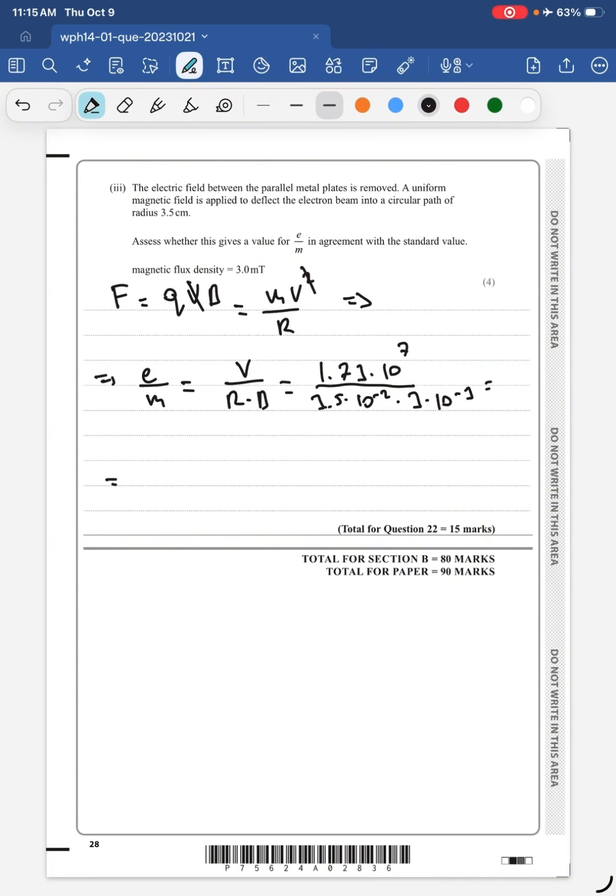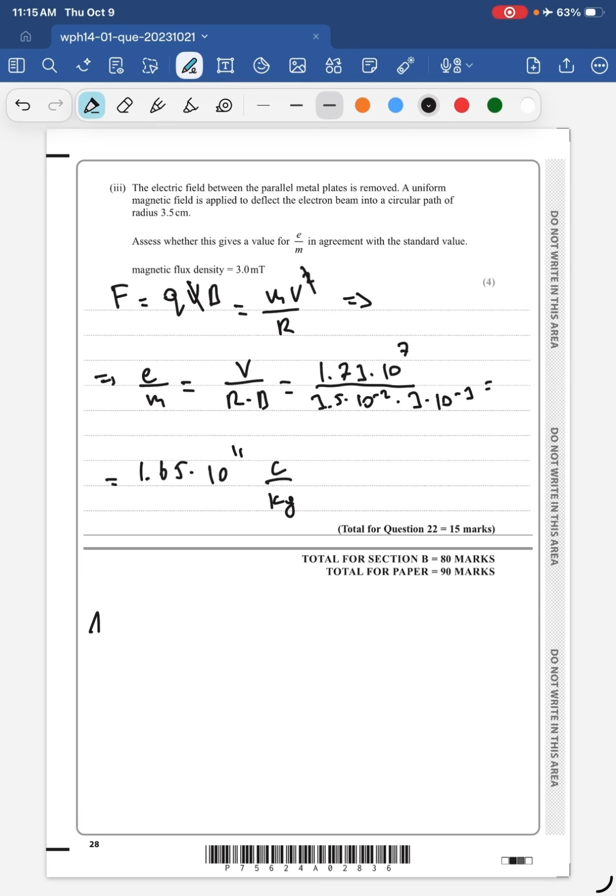And if we do this calculation, we will find, let me see, 1.73 times 10 to the 7. I'm using my calculator right now. Over 3.5 times 10 to the negative 2 times 3 times 10 to the negative 3. We find 1.65 times 10 to the 11 coulombs per kilogram.